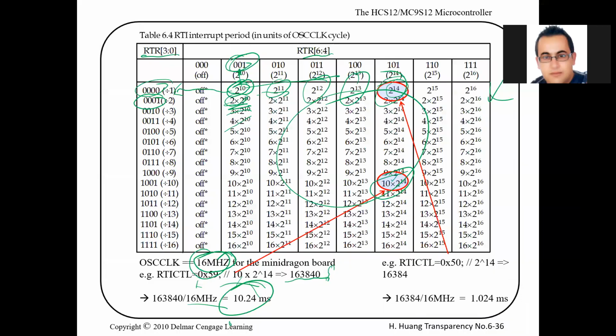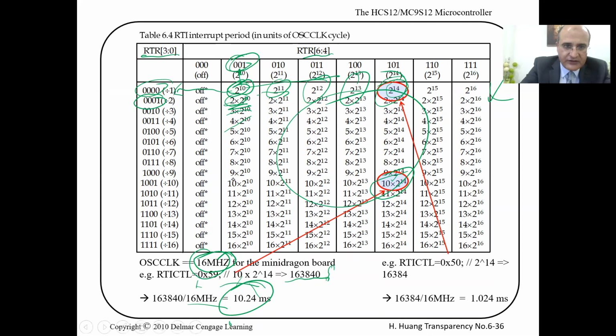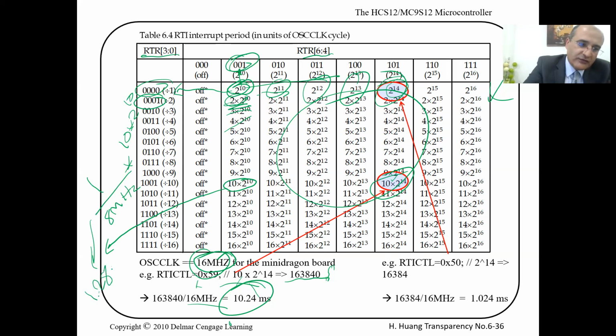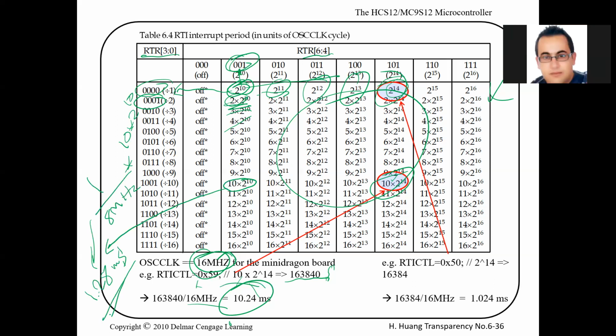So here we're choosing this value, on 8 megahertz: 1 over 8 megahertz times 10 times 2 to the 10 will give us 1.28 milliseconds. Acceptable, yes, around 1 millisecond.